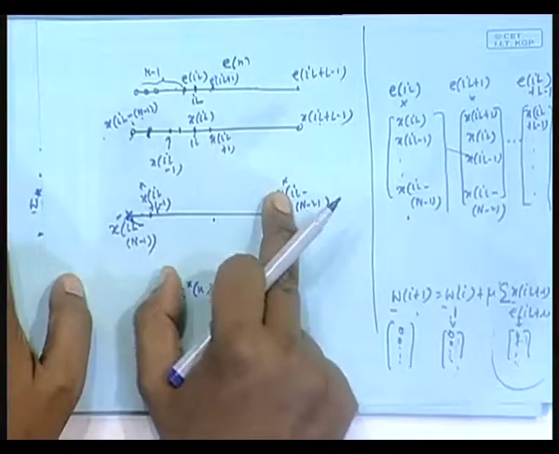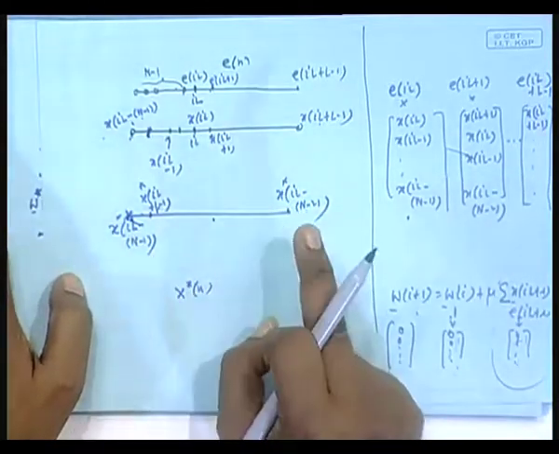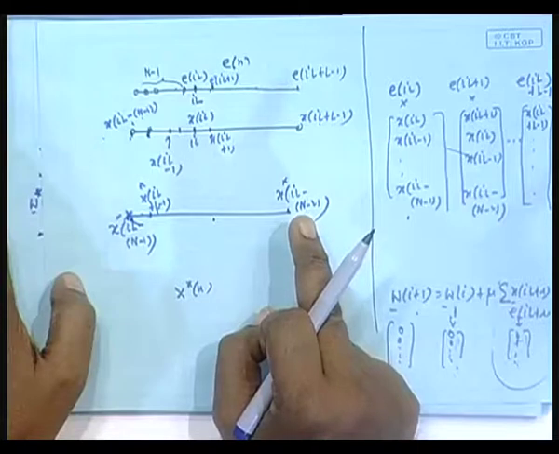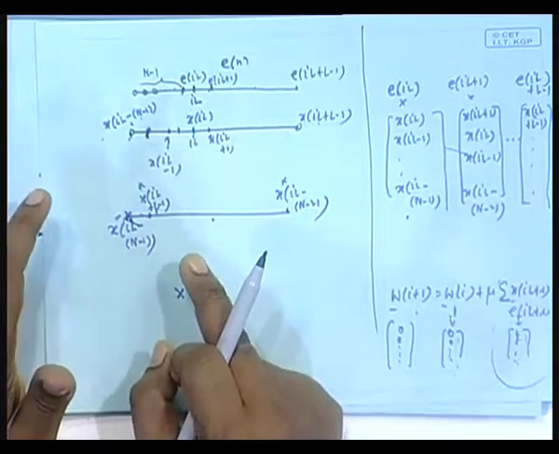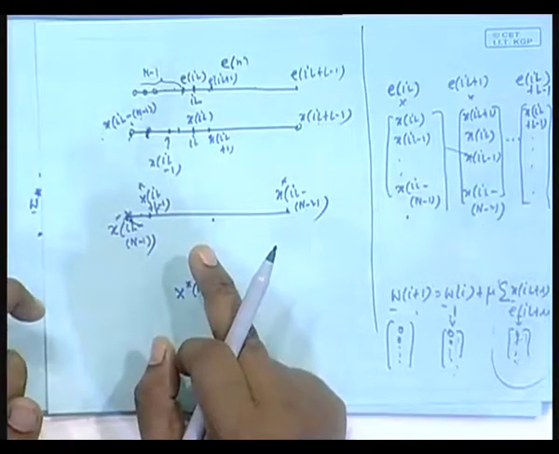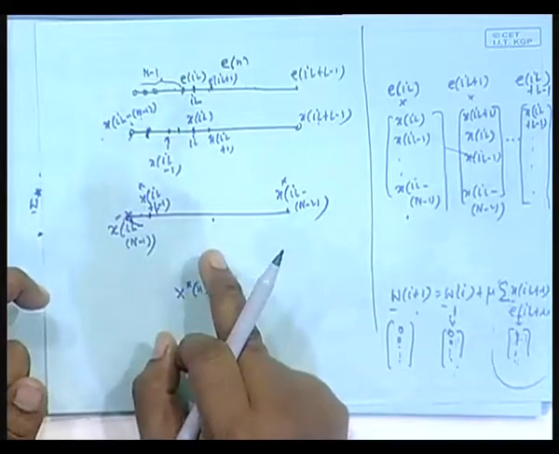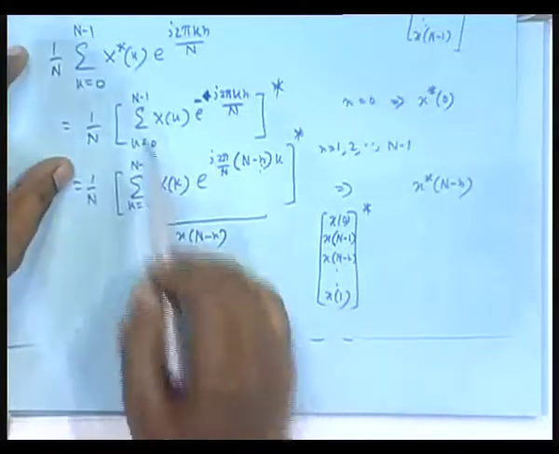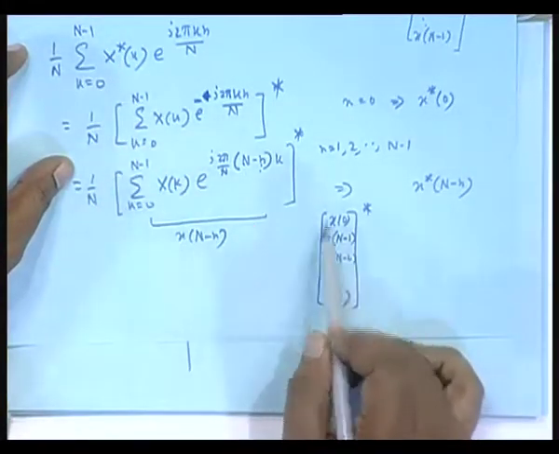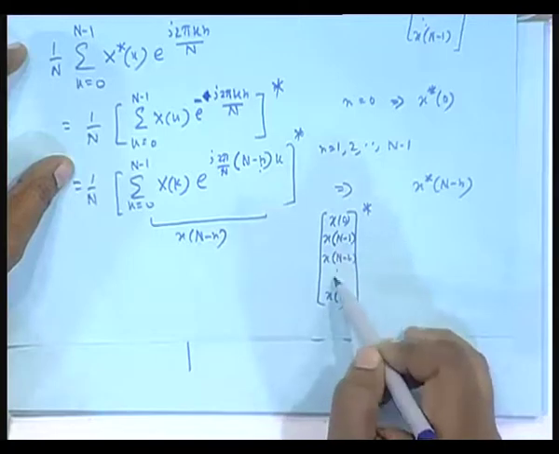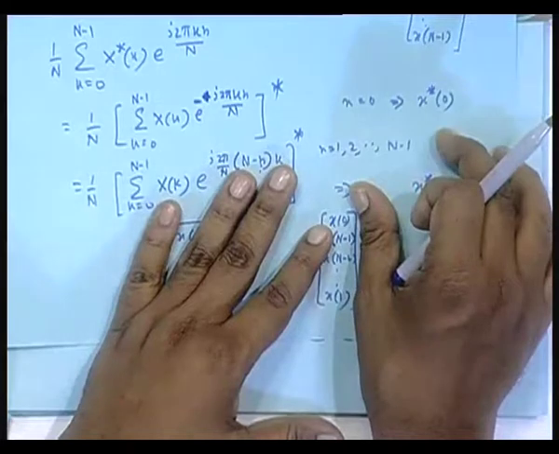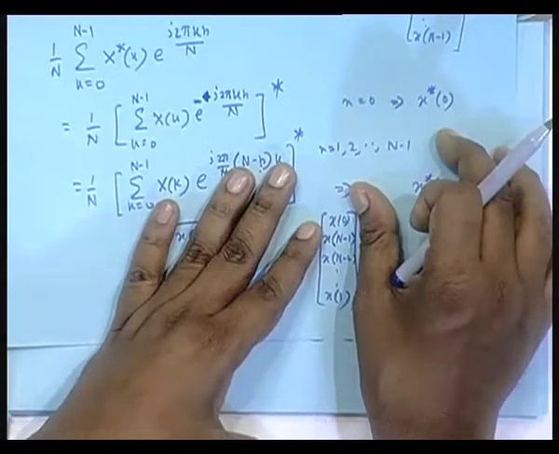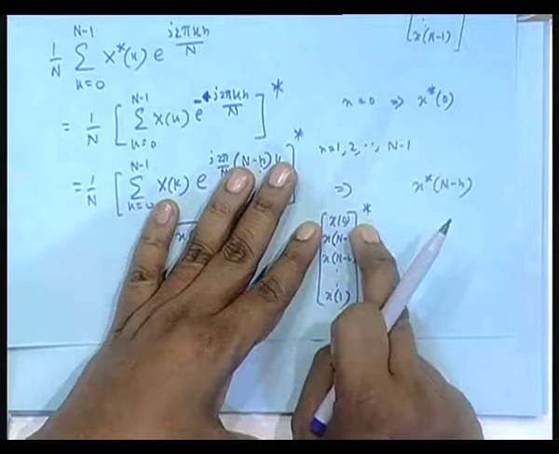With a star and a flipped version, if you take the DFT, then you get X star k. Earlier I bypassed that, saying the data is real, so conjugating data has no meaning. But actually when data is complex, you remember I proved it, that if it is X star k, the corresponding data vector is not just the flipped version, there is a conjugate sign also. That time I took real data, so I found this had no use. But in the actual case, when this is complex, there is a conjugate here.